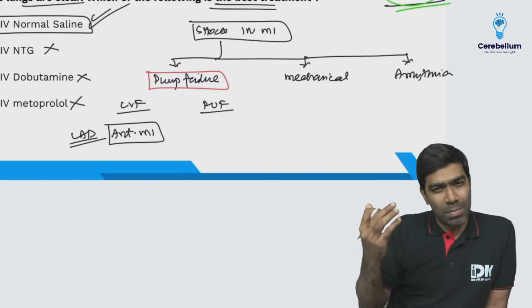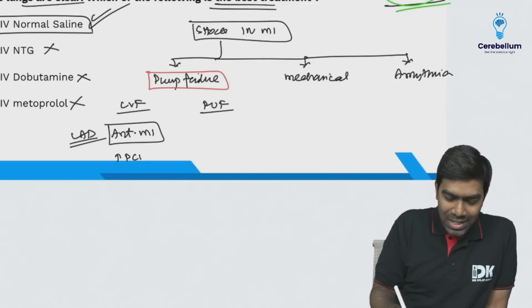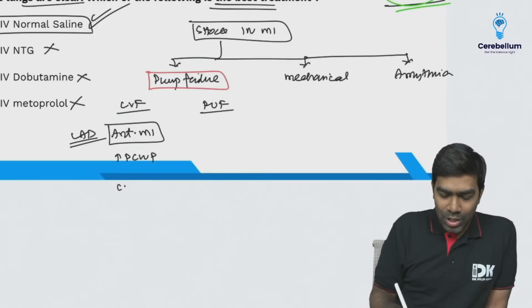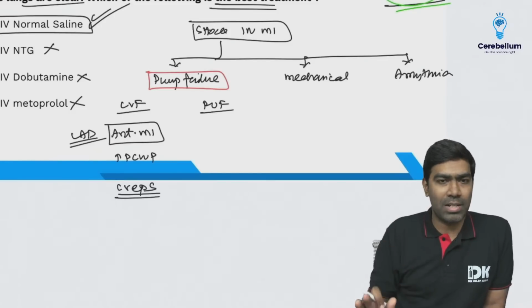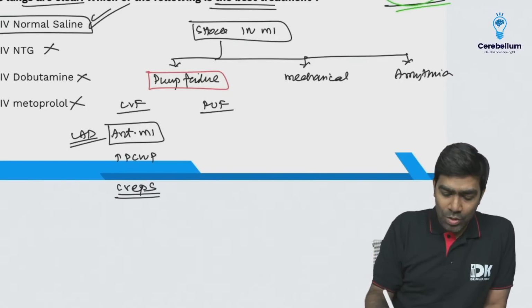What will be the most important sign? Because it's a left ventricular failure, the pulmonary capillary wedge pressure will be increased, and patients are going to have crepitations. JVP is variable, but crepitations will usually be there. In fact, frank pulmonary edema can be there in most patients. What about right ventricular failure? Usually you will expect it in an inferior MI.